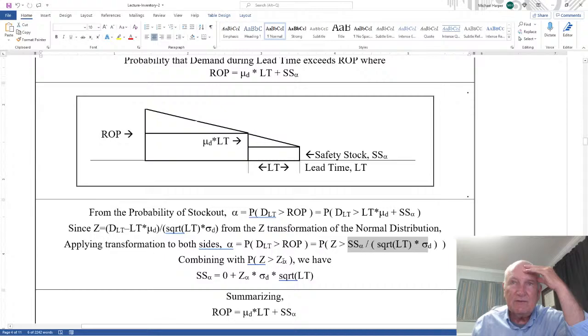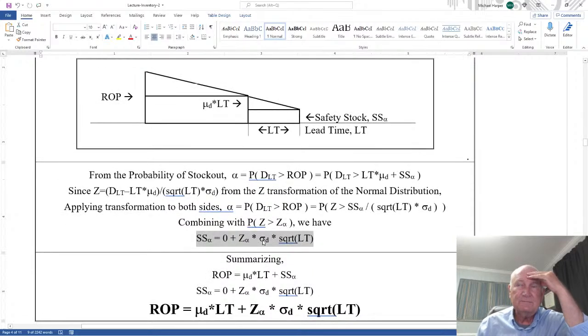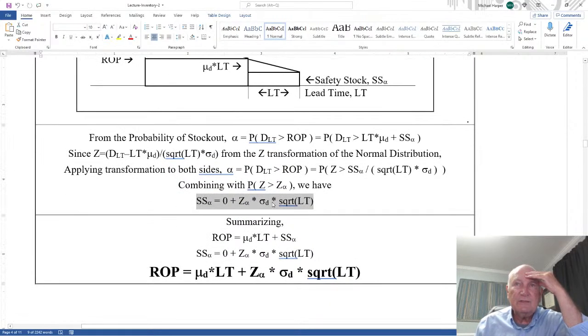I can then solve for the safety stock of alpha, and I get this expression: z of alpha times the square root of the lead time times the standard deviation of the demand. And so this right here is your standard deviation of the demand during lead time. And so now you have your expression for the safety stock.